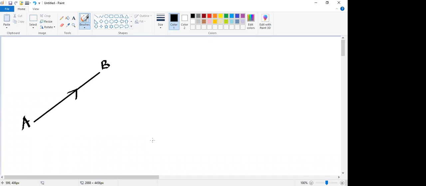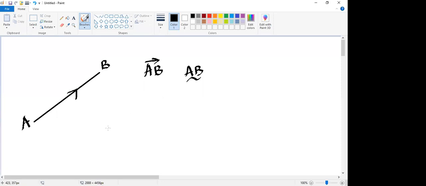We can write this vector AB with that arrow, or sometimes we write it as AB with a tilde to say that this is a vector.